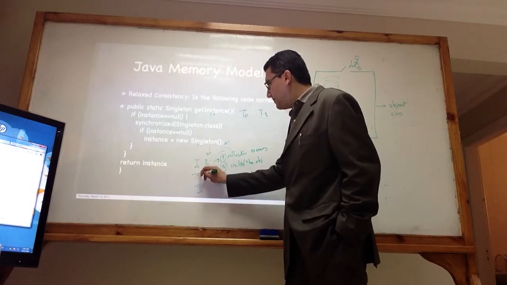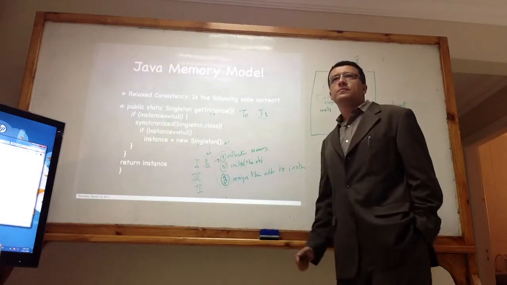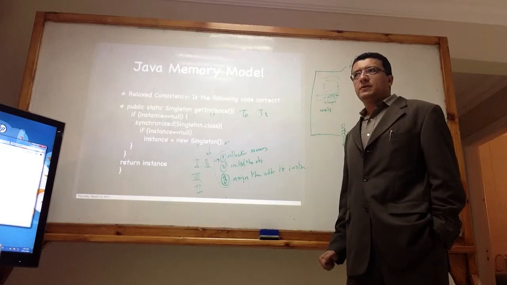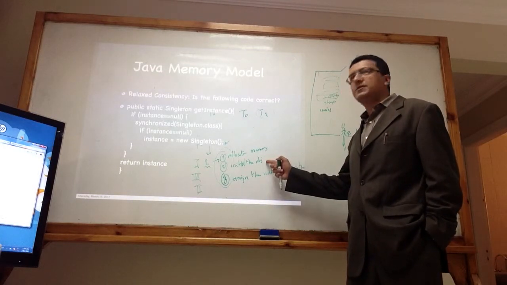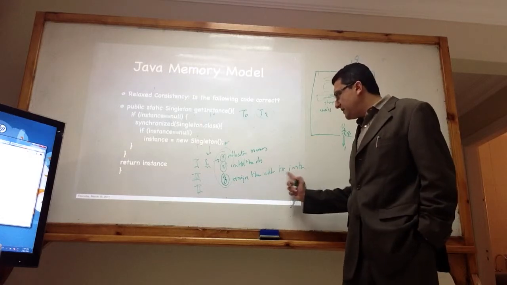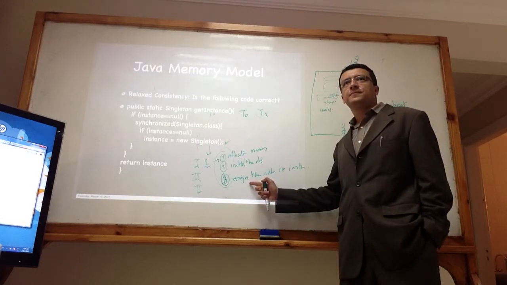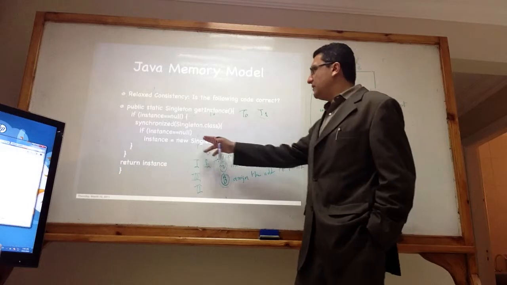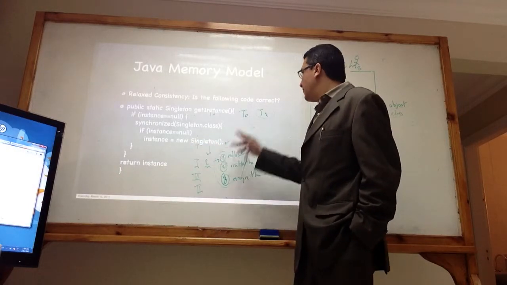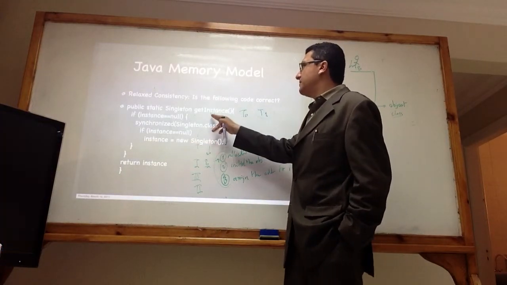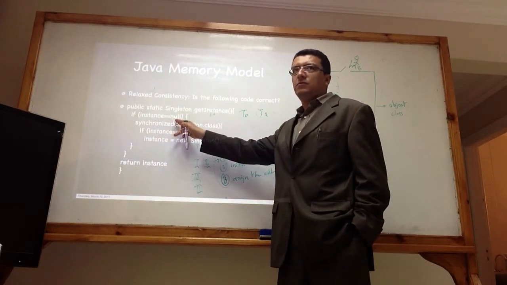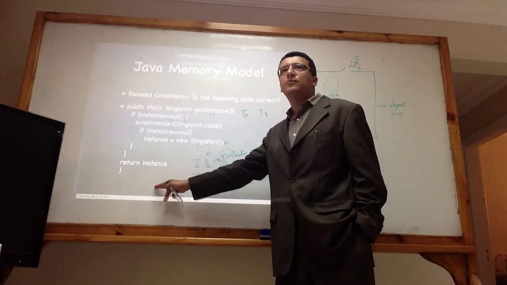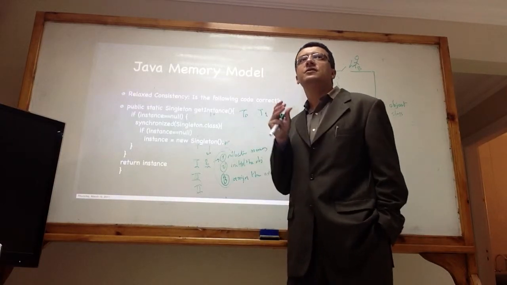So you don't yet see the effect of the initialized object, but you see the assignment first. So this is not yet finished, fine, but when T1 enters getInstance, it will check, is instance equal null? No. So it will get the instance and work on it. So it will work on an uninitialized instance.